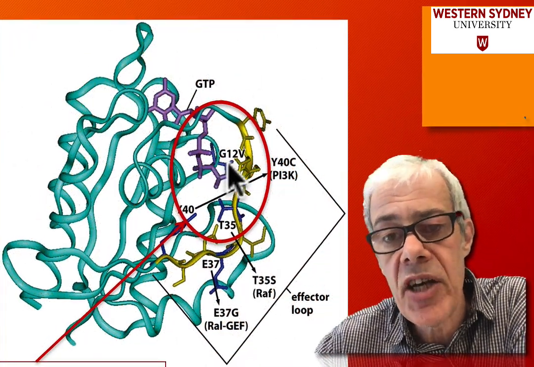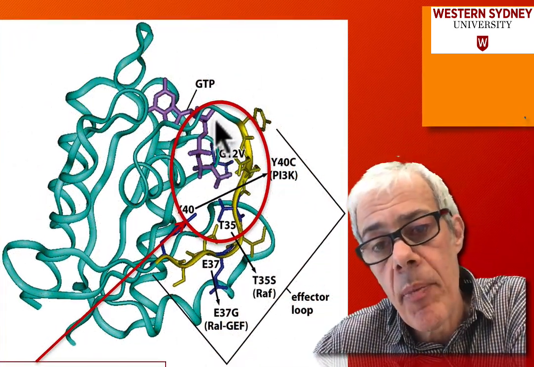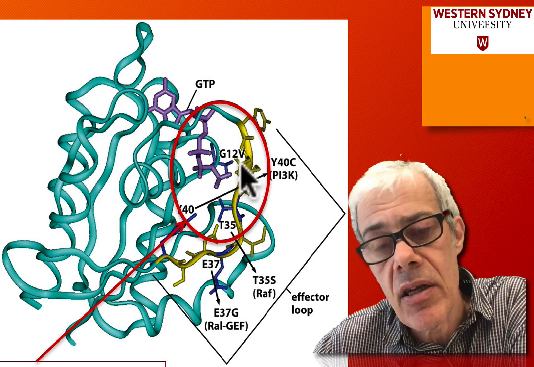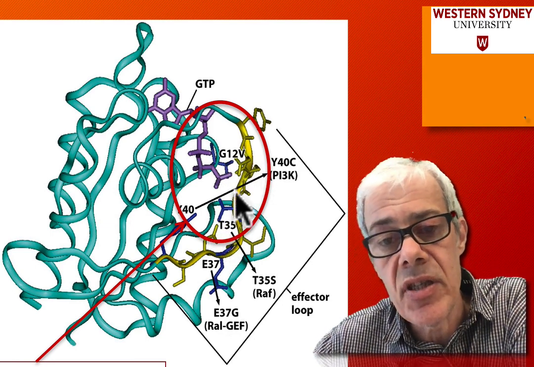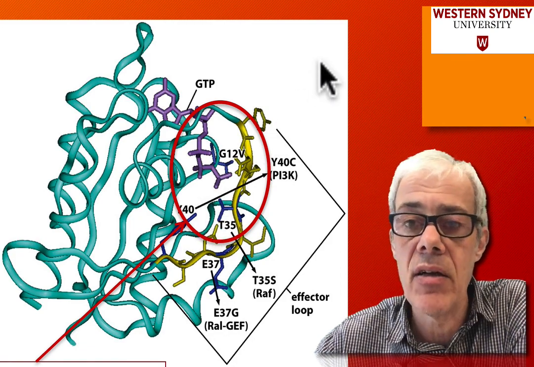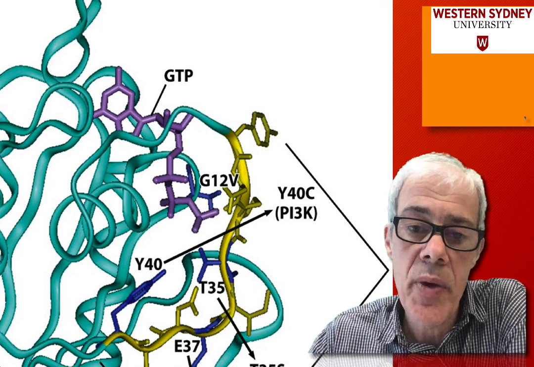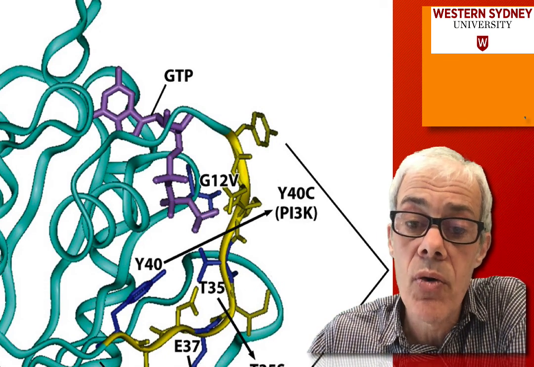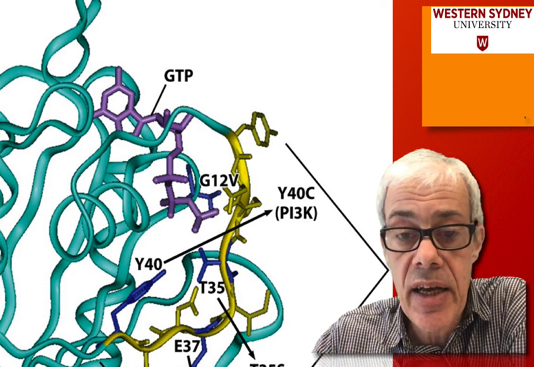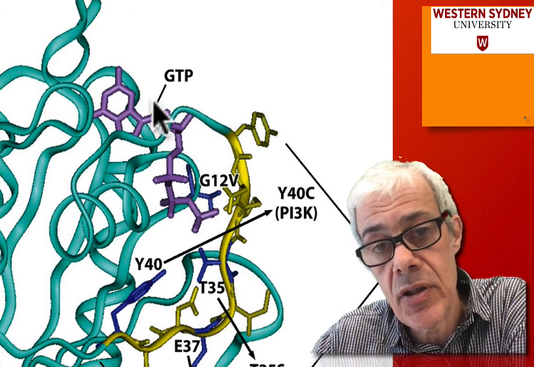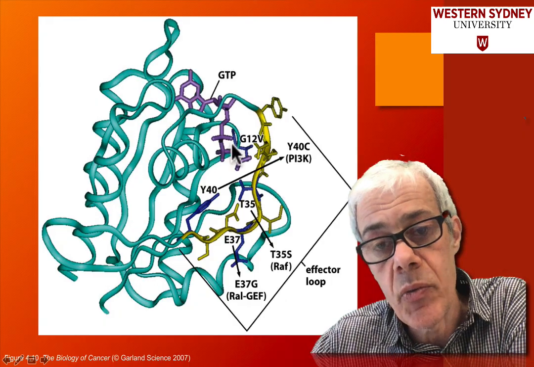When you stick a valine in there rather than a glycine, it loses the ability to hydrolyze that GTP. And effectively you have a situation where RAS is on all the time because it cannot hydrolyze this nucleotide that's embedded within the protein.